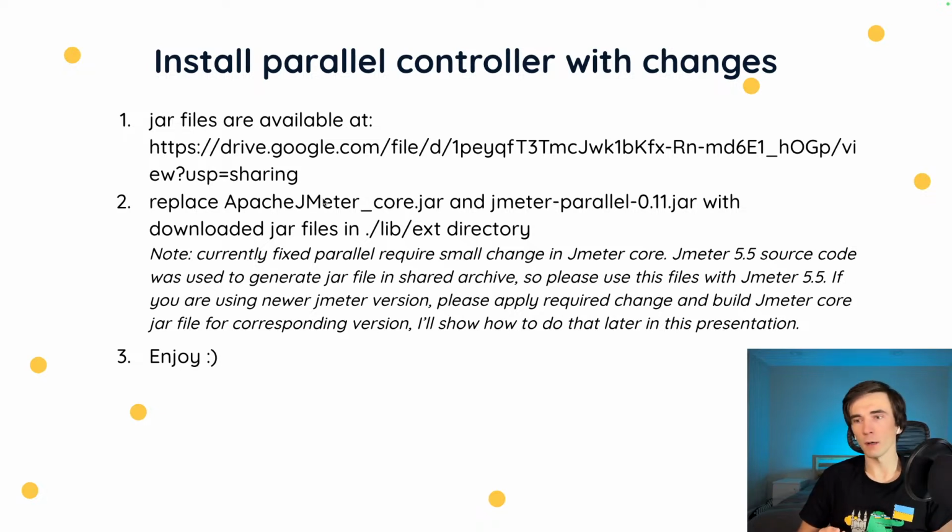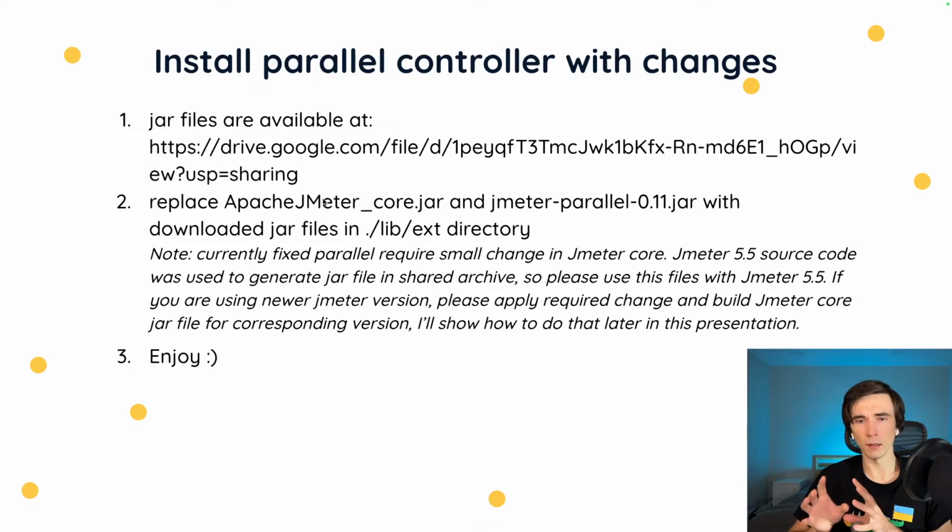So if you are pretty enthusiastic and you have time and desire, yeah, you can update it to 5.6, 5.7, any newer or older version of JMeter, but you will need to spend some time testing it and validating that it is working properly.